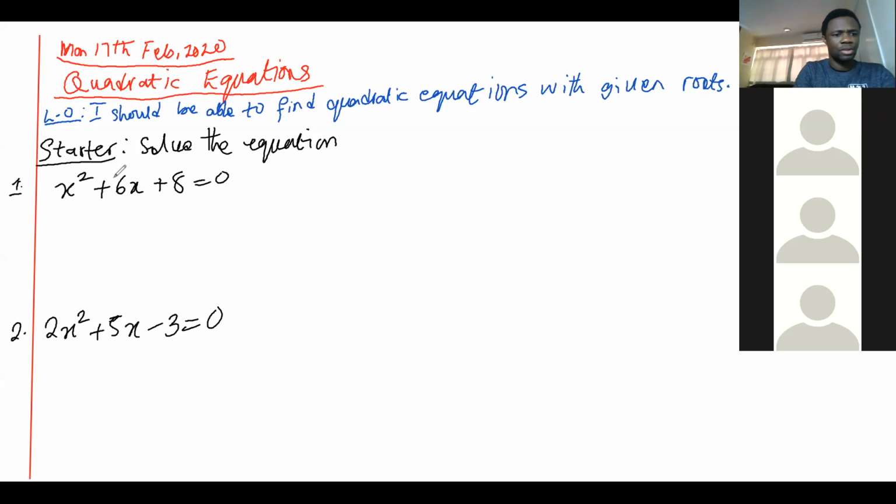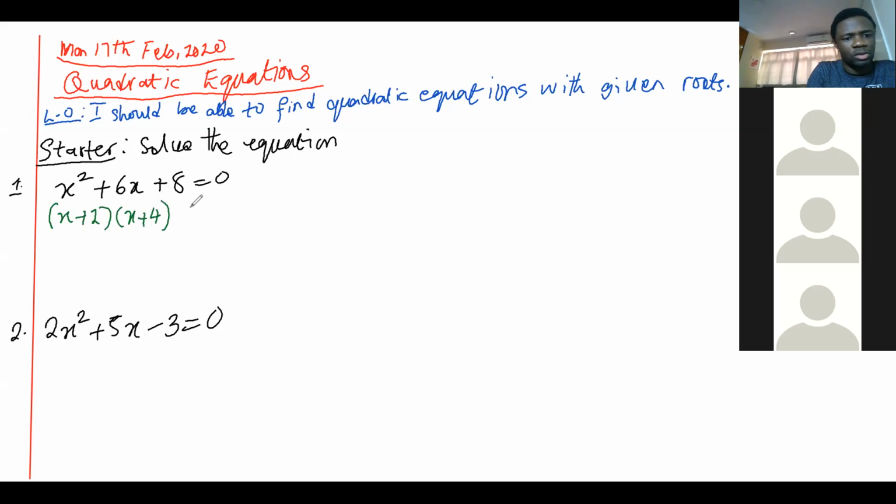All right, thanks. So when A is equal to 1, then we have a monic equation. When the leading coefficient is 1, you can easily factorize, okay? And the factors will be 2 and 4. So this will be x plus 2, and that will be x plus 4 equals 0.